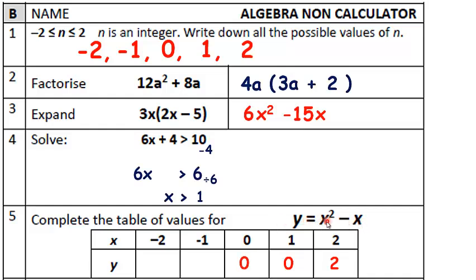Okay, -1 squared is 1, take away -1, so minus -1 means +1, so 1 plus 1 is 2. You need to write that down to make sure you fully understand it. Please do attempt that, make sure you're totally okay with this. -2 squared is 4, minus -2, which is +2, so 4 plus 2 is 6. Think about it, make sure you have it in your head, and you're very, very sound with that.